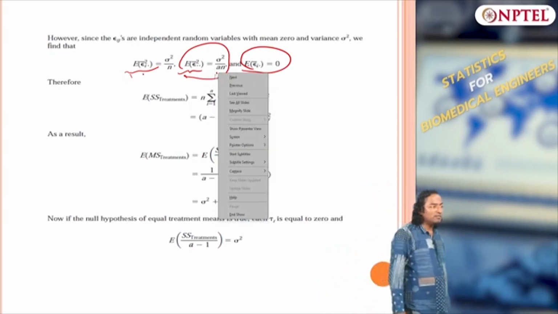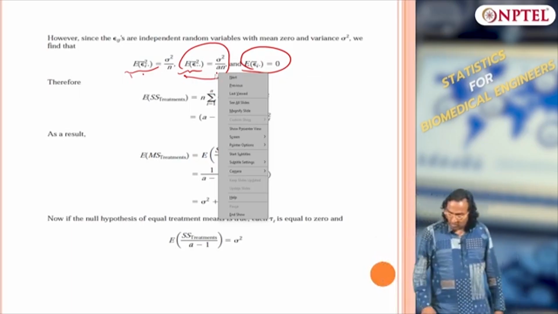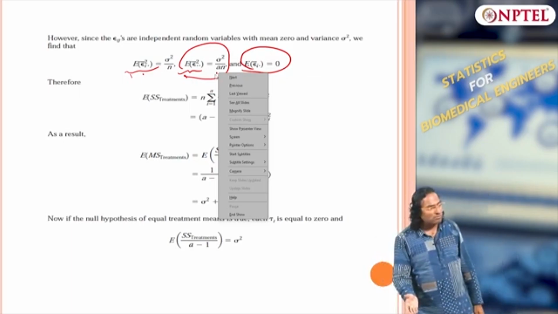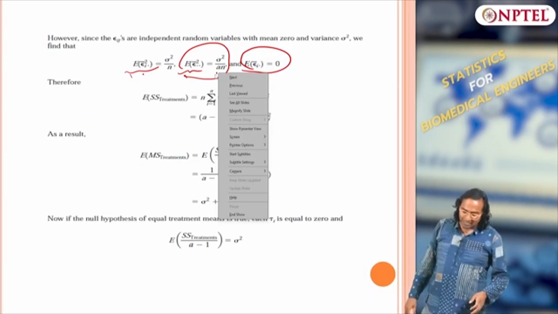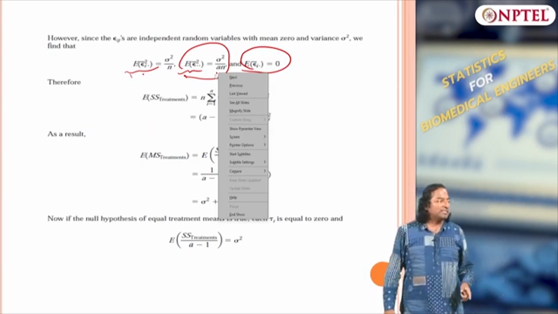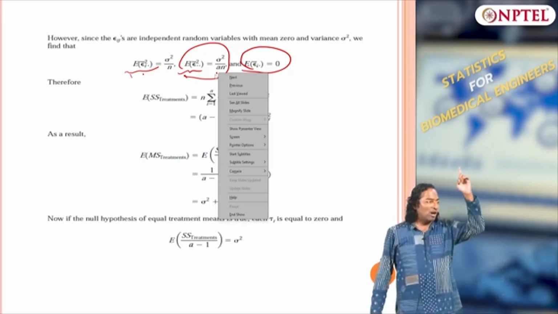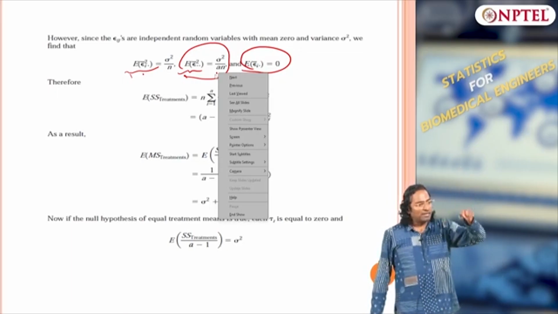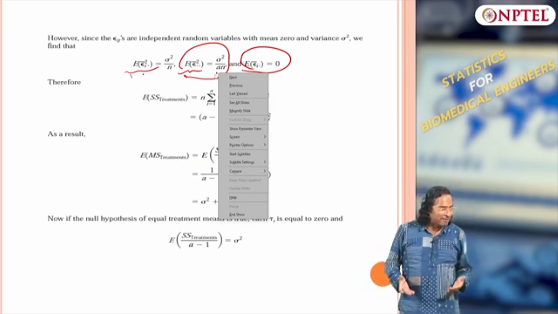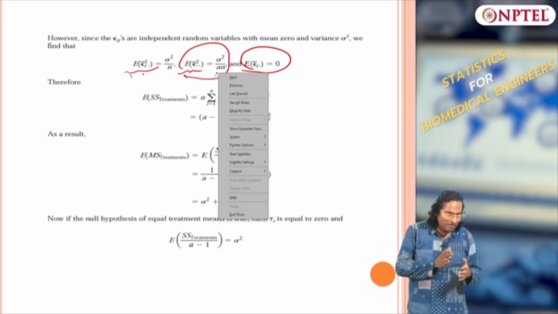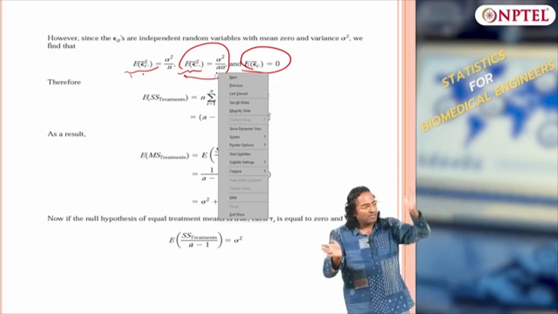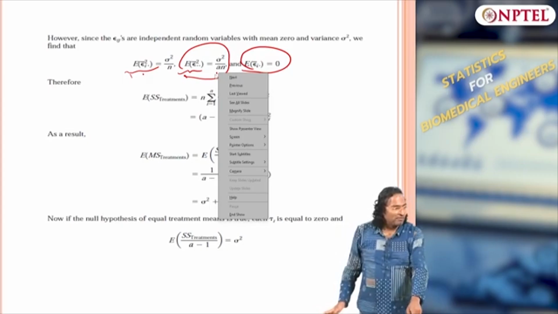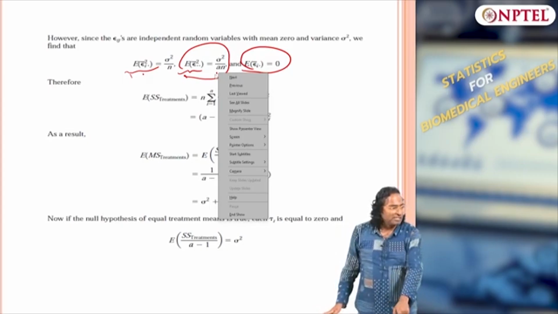Not a, sigma squared is only in the numerator, a is in the denominator, because it is along both the axis. Expectation of epsilon I dot squared is along jth axis, so sigma squared over n, remember it is a mean value, sigma squared divided by n, because it is along one axis. If it is along both the axis, it should be a times n, that is what I have, sigma squared by an, and the mean value is 0.